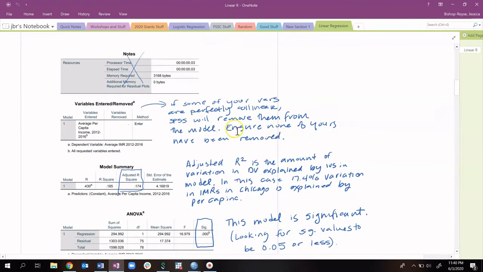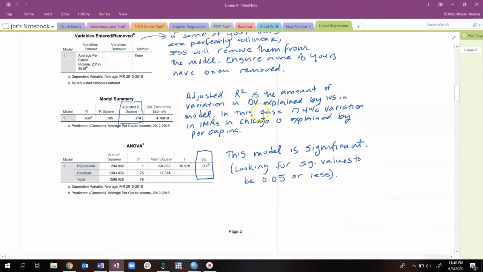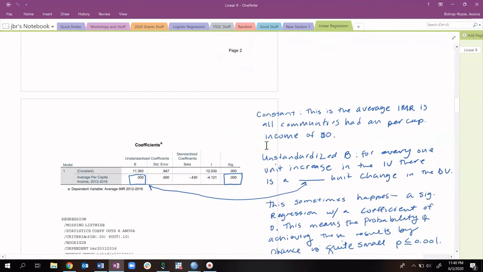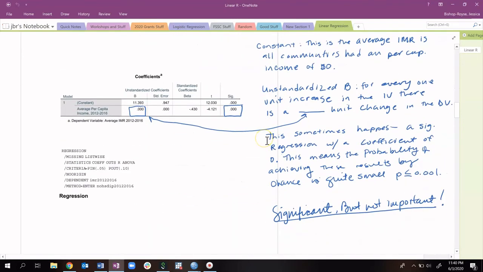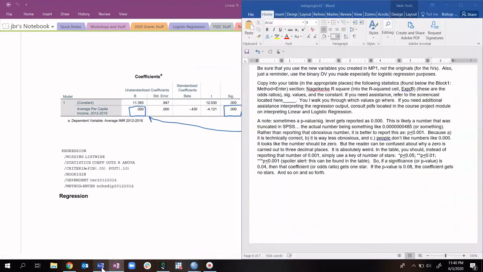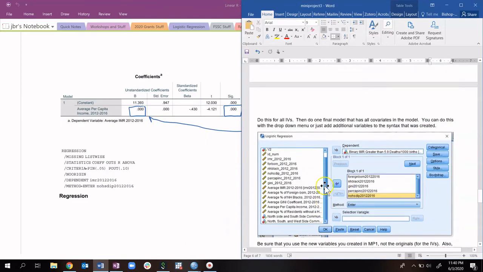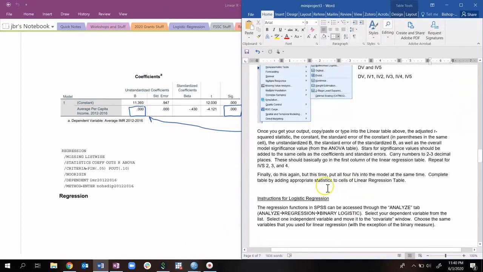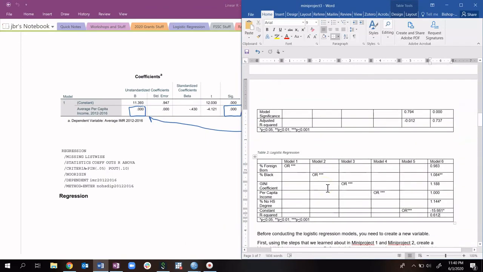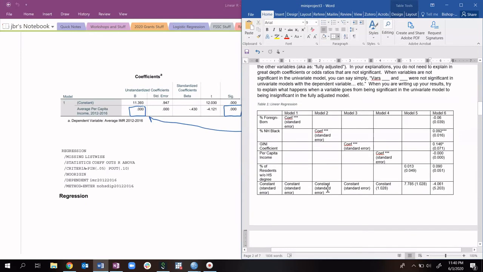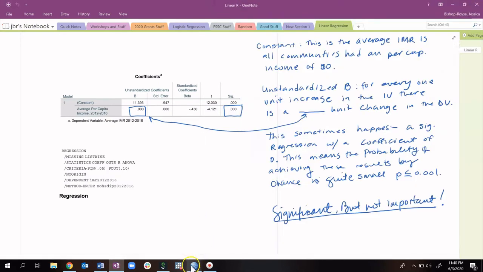I've just basically written down all of the context for all of these individual statistics and what we need to focus on and what we don't need to focus on. For the regression tables in Miniproject 3, we do have to pull out some of the coefficients. I've already started here. Let me pivot back to our output.